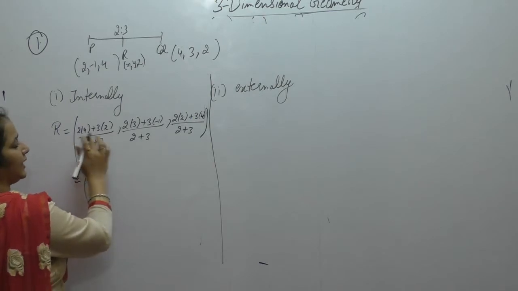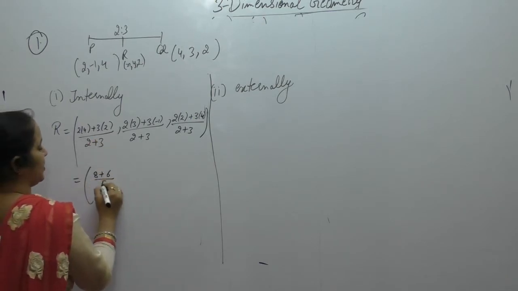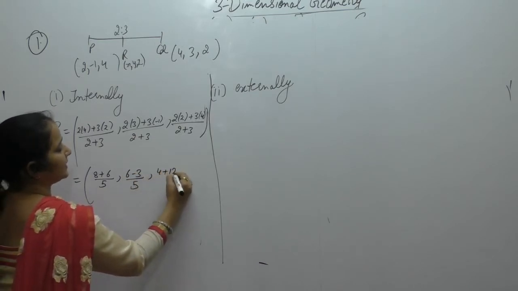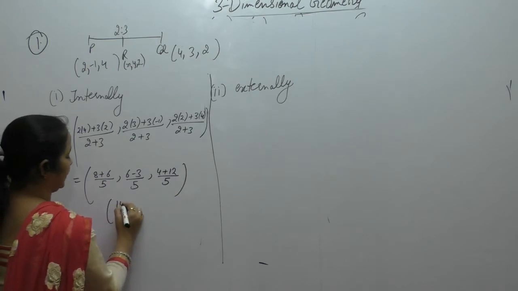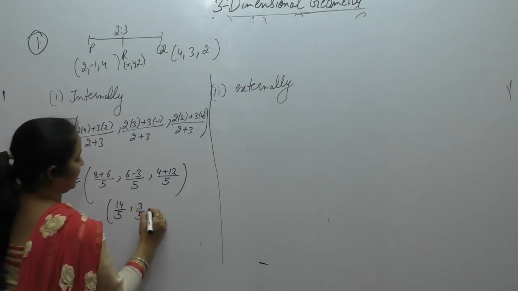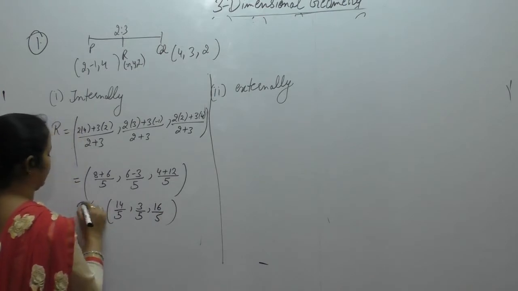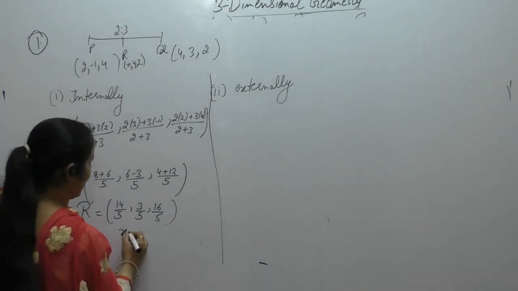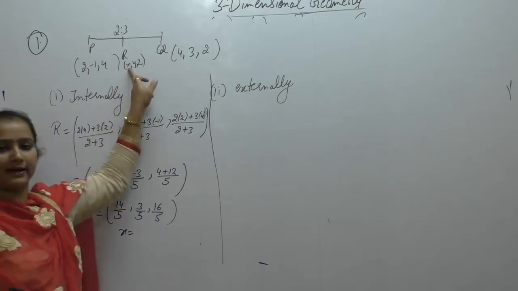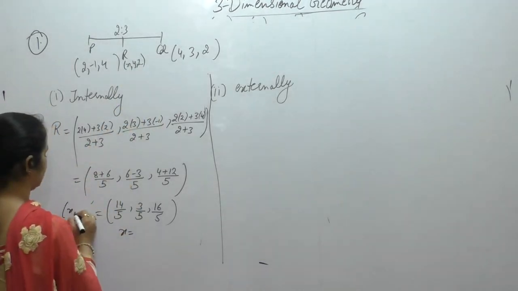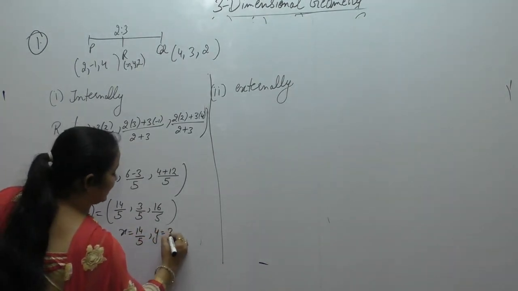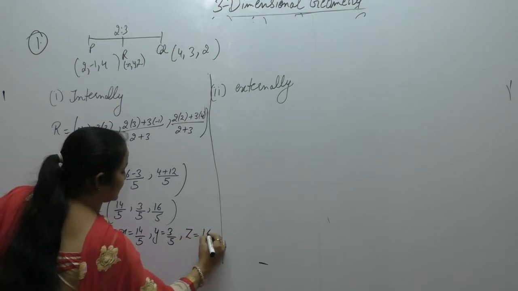Now 2 into 4 is 8 plus 6 upon 5. 3 into 2 is 6 minus 3 upon 5. 4 into 3 is 12 upon 5. 14 upon 5, 3 by 5, 16 by 5. Then the coordinates of R are 14 by 5, 3 by 5, 16 by 5. It means, हमने क्या माने थे? X, Y and Z. So X is 14 upon 5, Y is 3 by 5, and Z is 16 by 5.